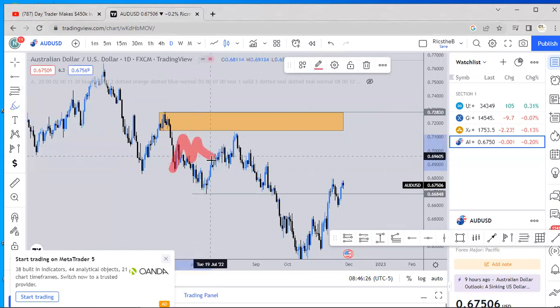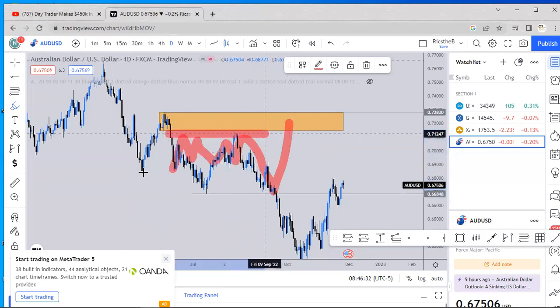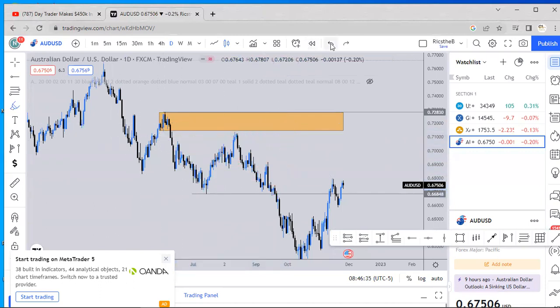Price sometimes will start forming this type of range before clearing the liquidity, or sometimes we get this type of liquidity formed here, which is trend line liquidity.